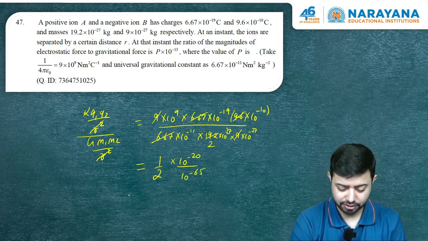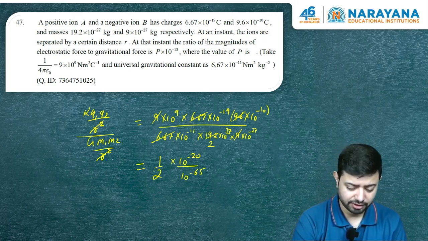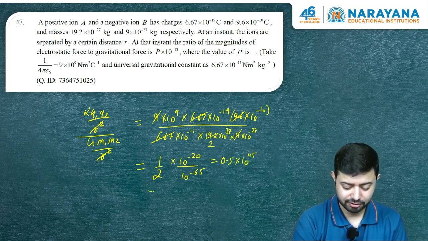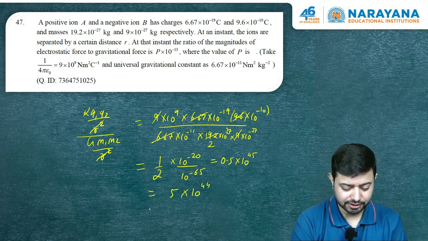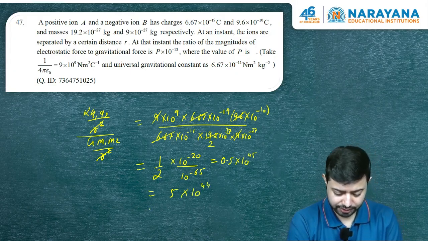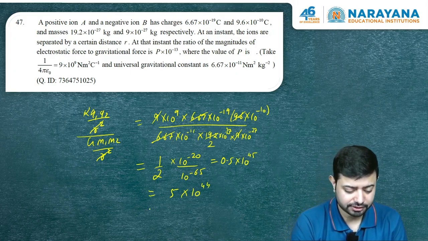So, now the question arises, is it matching with some sort of numbers given here? Let us see. So, now if you put these numbers in more simplified form, it is 0.5 into 10 to the power 45, it is something like 5 into 10 to the power 44. So, is it matching? Well, I do not think it is going to match, right.